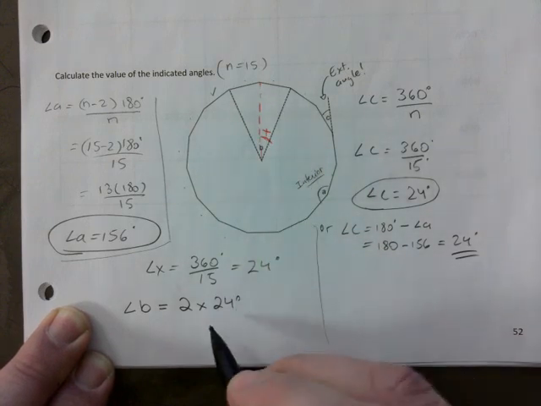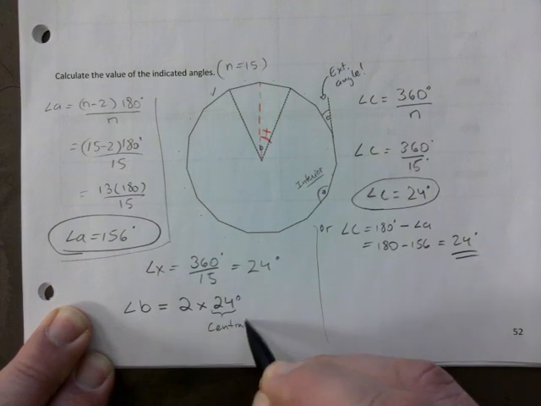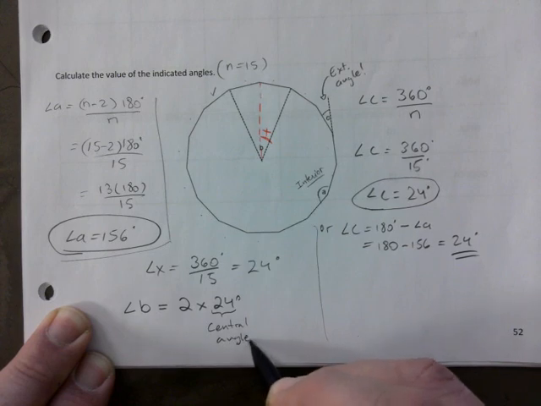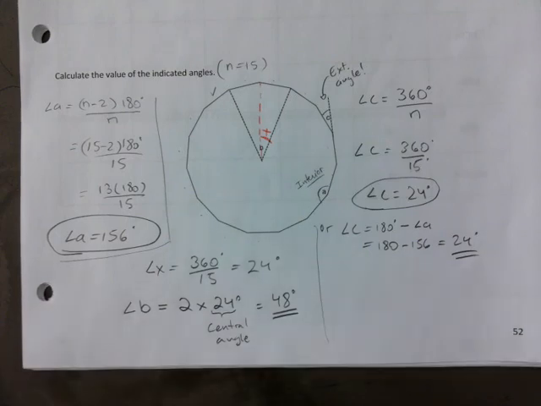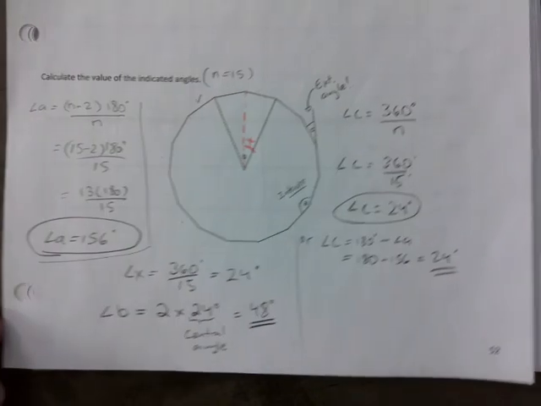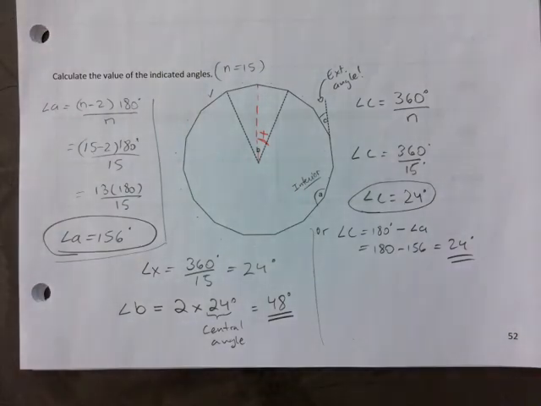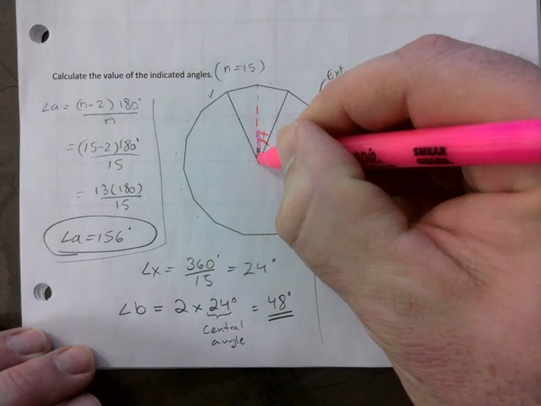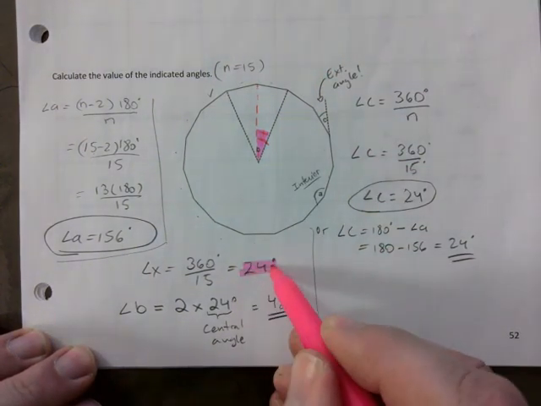The central angle. Can I just say that this is a central angle? Okay, so it ends up being 48 is your final answer for B. So let me highlight. I'm just going to say that this angle right here, the pink part is what I find here.